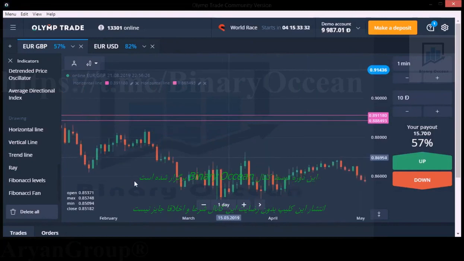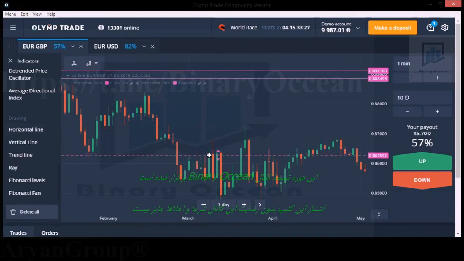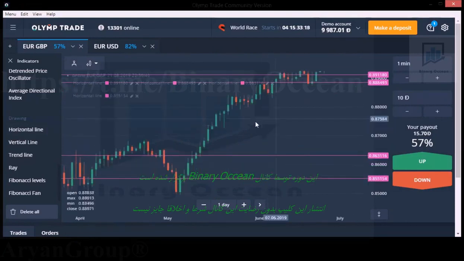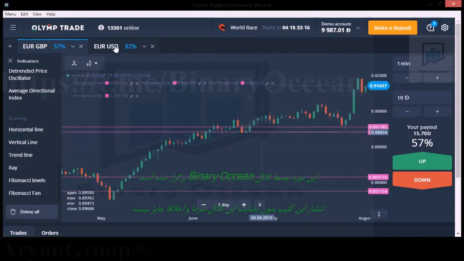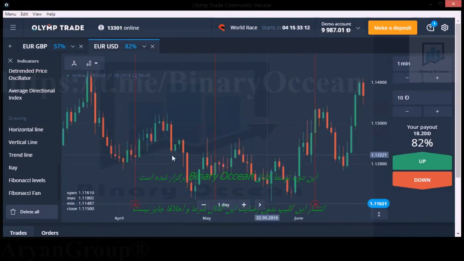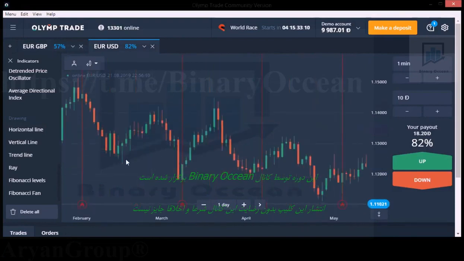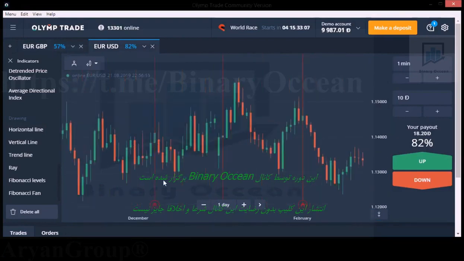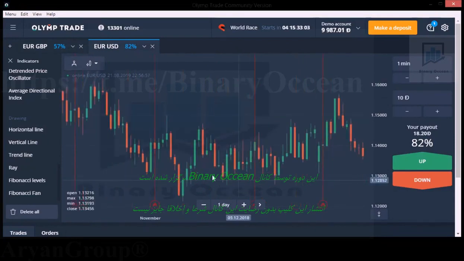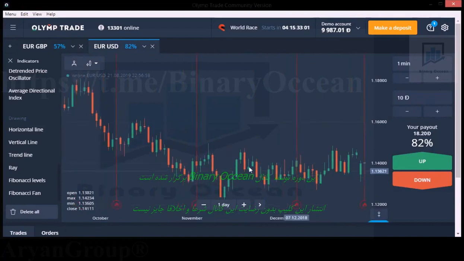And here also there is a consolidation area. Okay, here also there is a consolidation area.